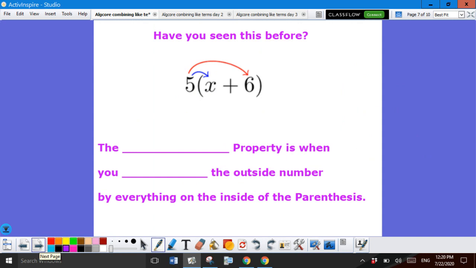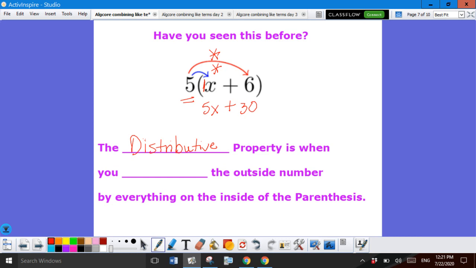Okay, now let's do a little bit of review on distribution because we're going to see that as we move forward. So we know that when there's a number on the outside of the parentheses, this is actually multiply. So there's a 1 right here. So 5 times 1 would be 5, and 5 times 6 would be 30. Okay, so this is called the distributive property.